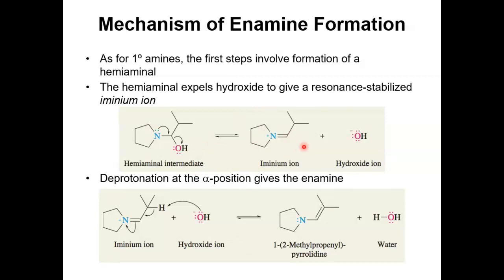What drives the leaving of the hydroxide ion is that if the hydroxide leaves, you actually have a CN double bond here. It's kind of similar to a CO double bond. It's a bit weaker than a CO double bond, but stronger than a CC double bond. So this actual bond formation makes the hydroxide ion capable of leaving. We can also look at the other resonance form of this.